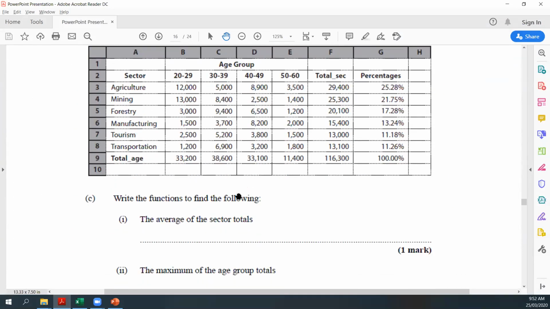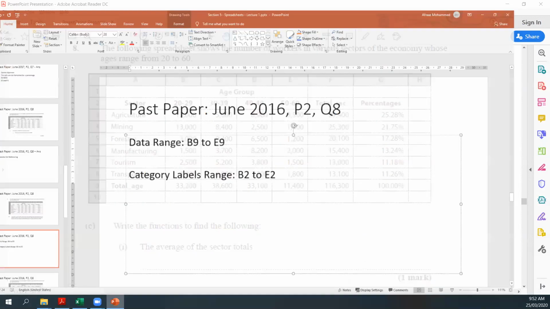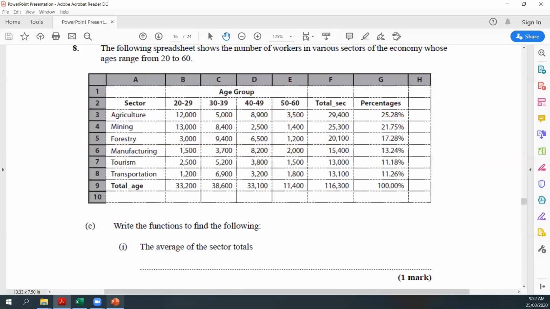All right. Now we have another part to the question, right? Write the functions to find the following. The average of the sector totals. What is the average of the sector totals?